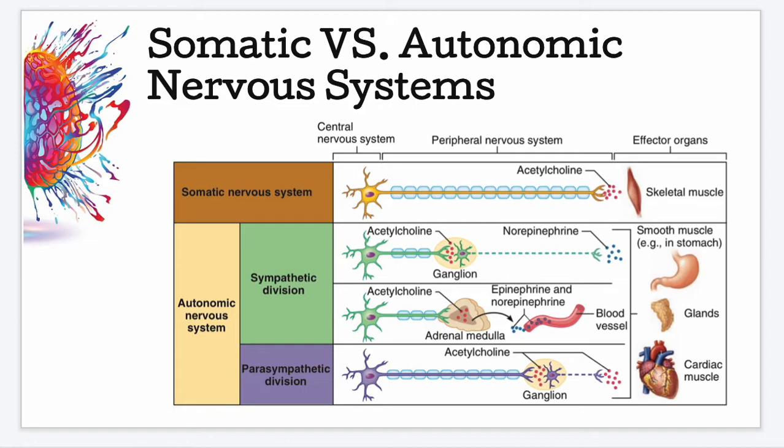So sa autonomic nervous system naman, they have two arms, your sympathetic and your parasympathetic. So yan lang munang kailangan malaman, that they have sympathetic and parasympathetic.